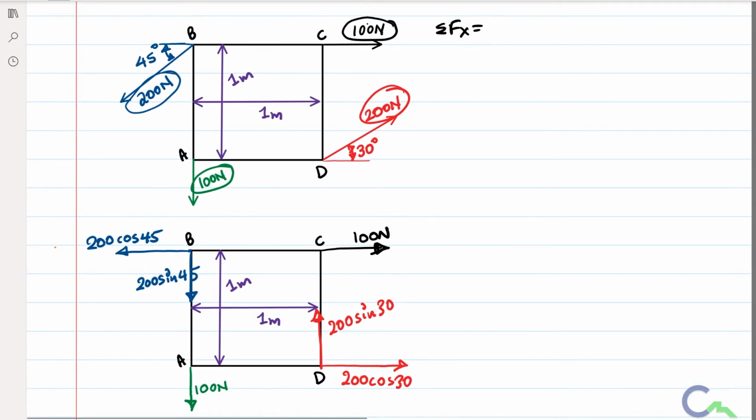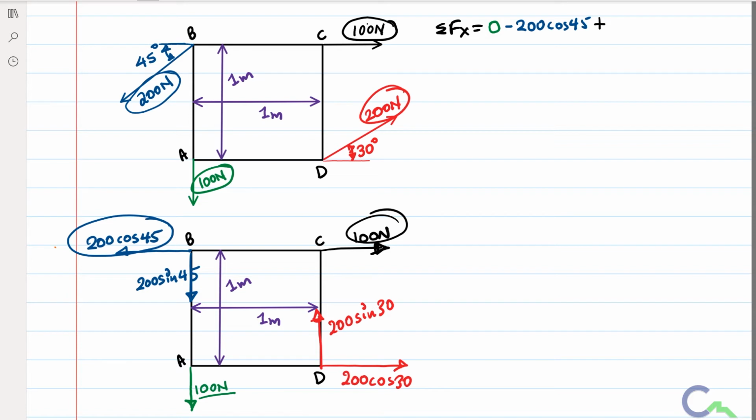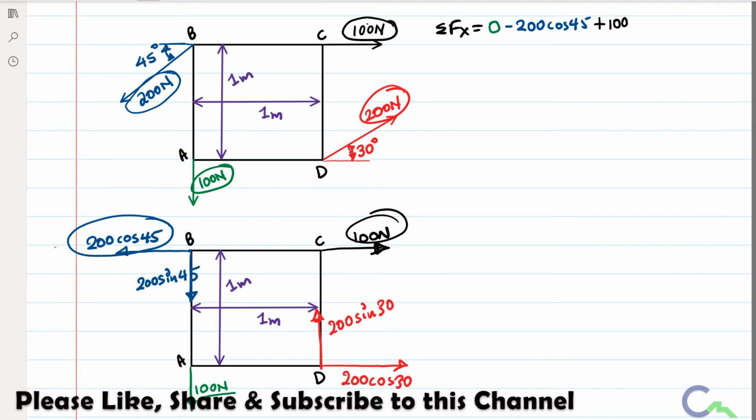Firstly, in horizontal direction, for the 100 Newton force there is no horizontal component, therefore 0. For the 200 Newton force, the horizontal component is acting in negative direction, that is leftward, so I can take minus 200 cos 45. The third force, that is 100 Newton, is acting in rightward direction, therefore it is positive.